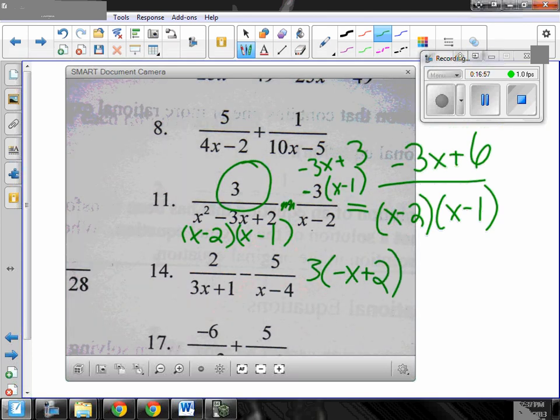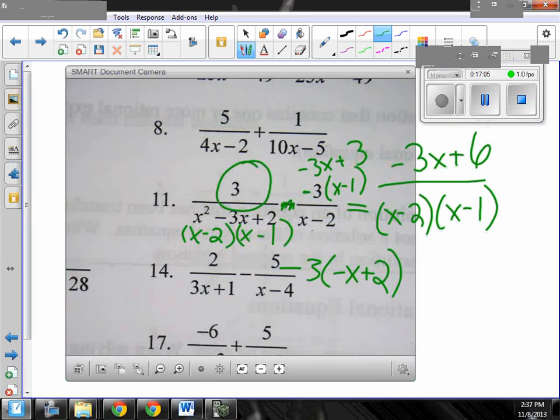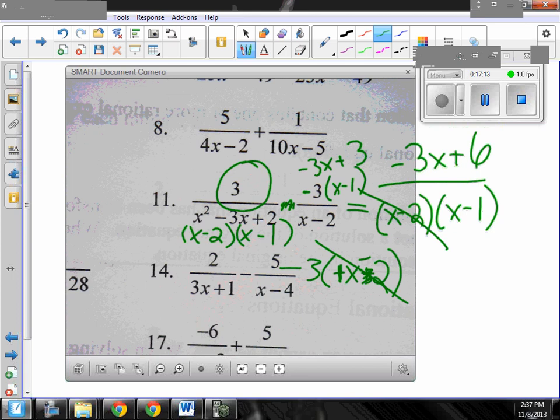I would really like this to say x minus 2. Is that possible? Pull out a negative 3. And that would change the x to a positive and the 2 to a negative. And then all of a sudden, my x minus 2's cancel. And my answer is negative 3 over x minus 1.